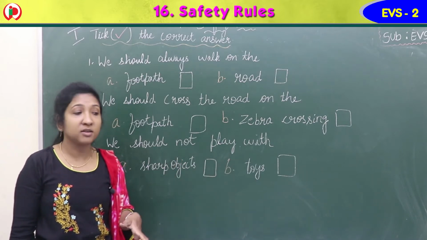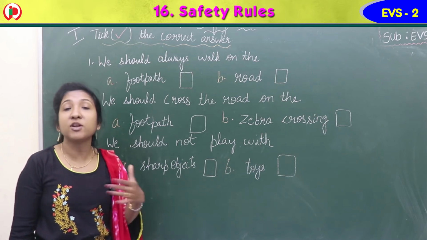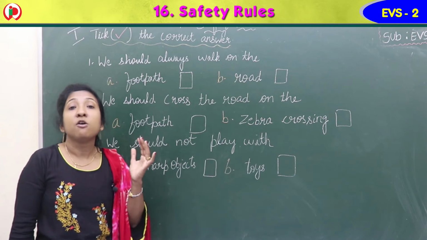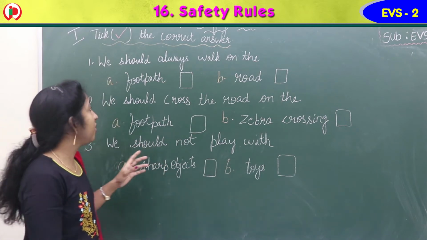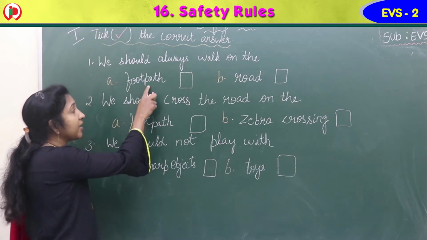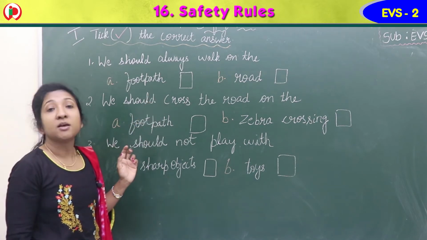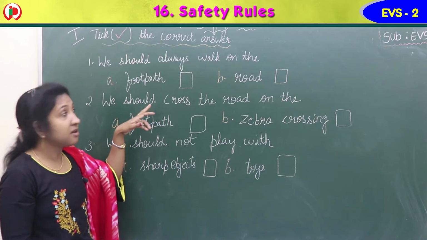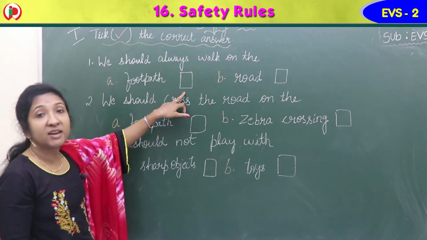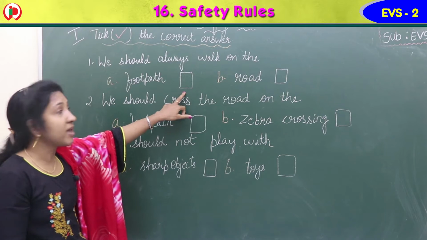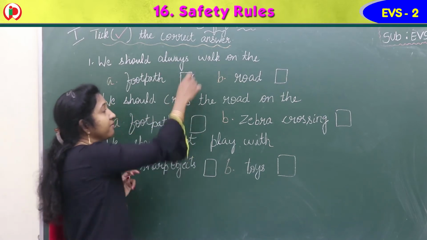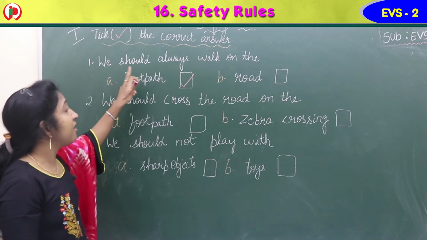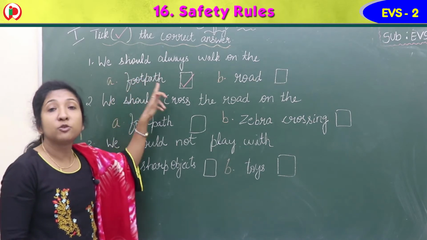It is called footpath, a path for us to walk. F-O-O-T-P-A-T-H, footpath. Option A is the correct answer. So you have to give a tick here in the square box because it is the correct answer. So we should always walk on the footpath.